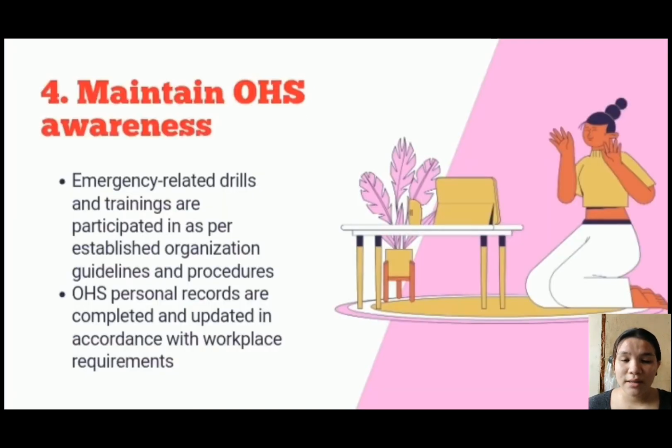Number four, and the last one, is the maintaining of OHS awareness. Emergency related drills and trainings are participated in as per established organization guidelines and procedures. OHS personnel records are completed and updated in accordance with workplace requirements.